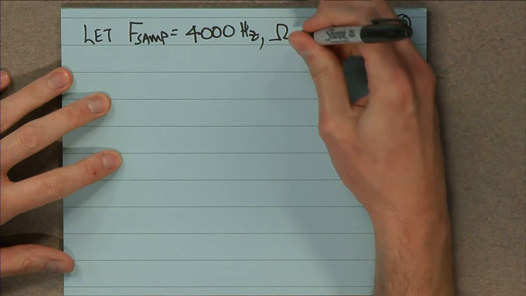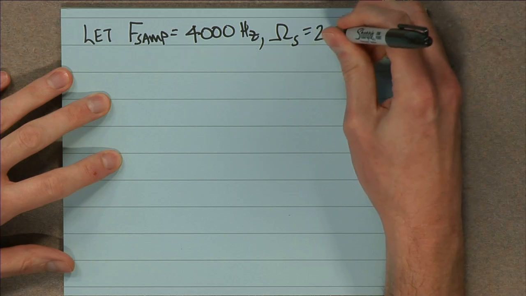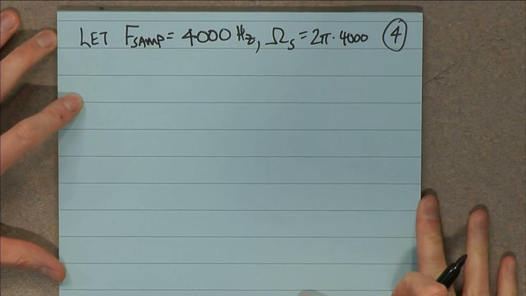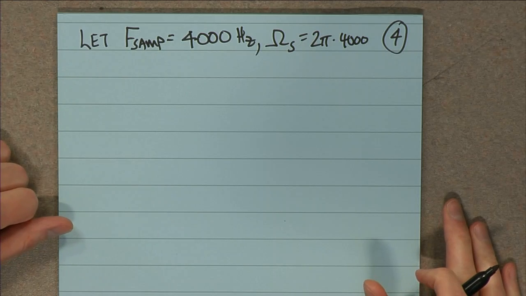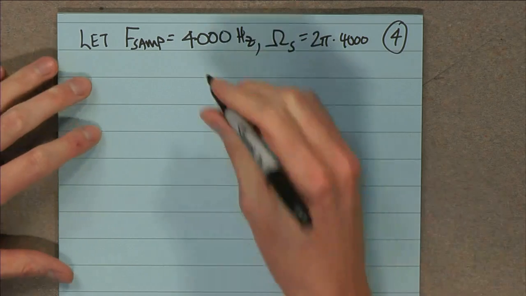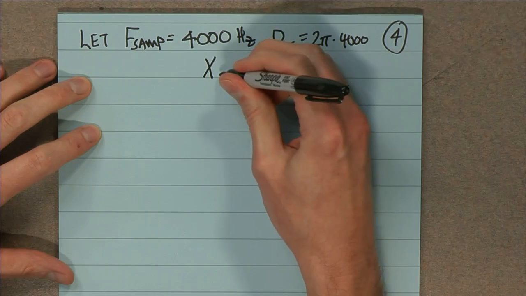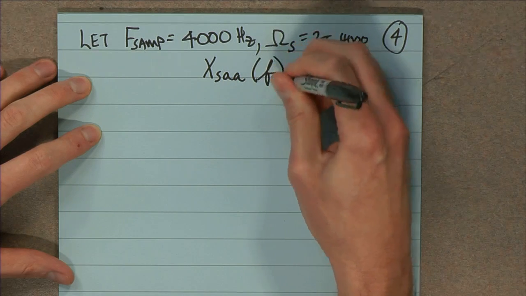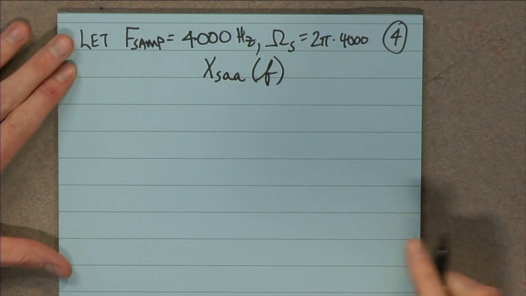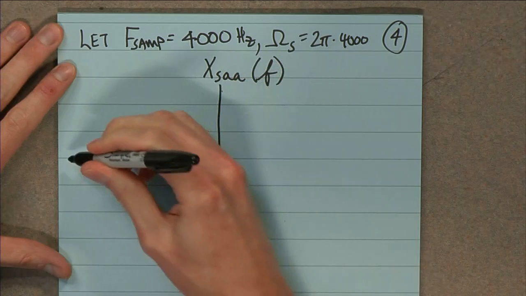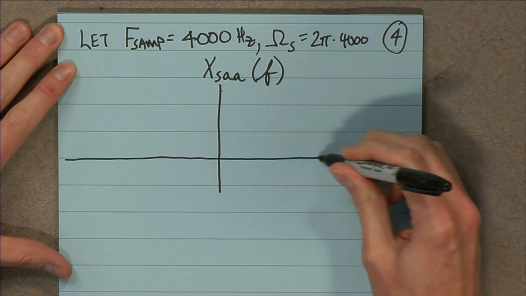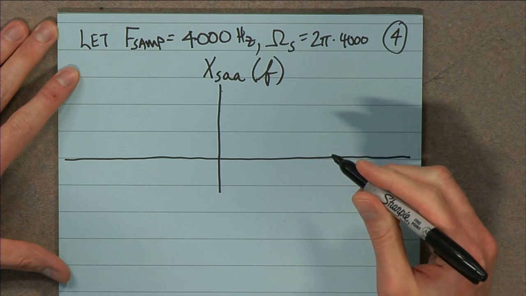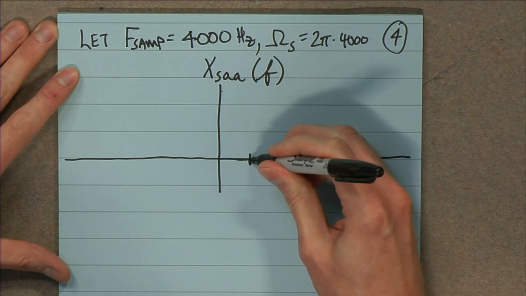If you like to think about omega s, that'd be just 2 pi times 4,000. Same thing. So now we're going to redraw it. Sampled version, anti-aliased. Broadband signal went through. Now let's see where these shifted copies land, and now I have to be more careful.